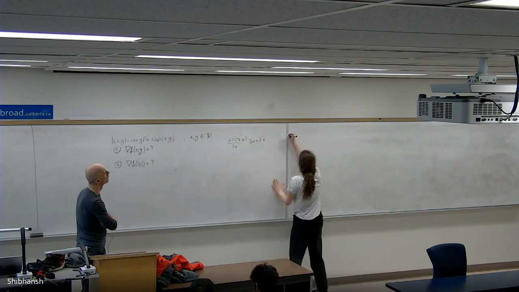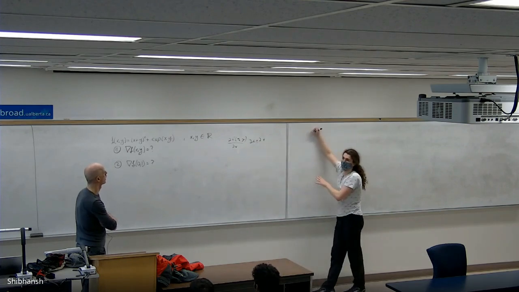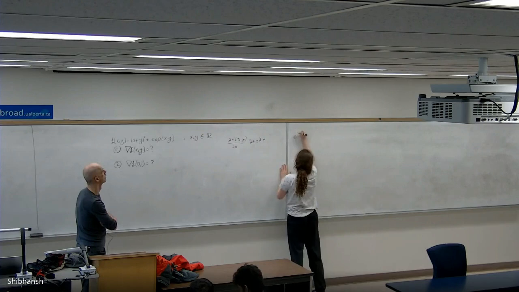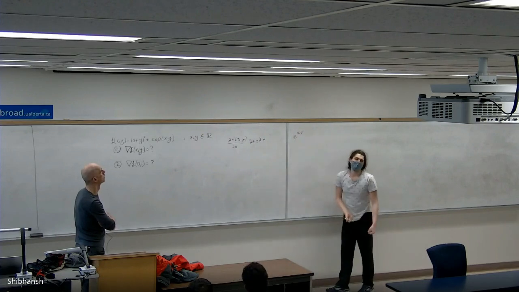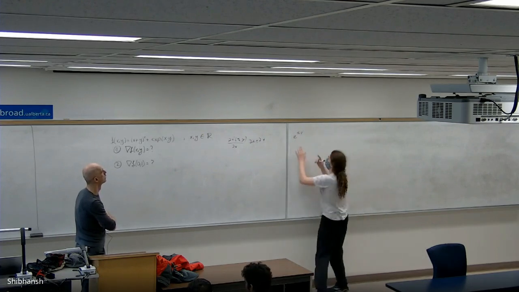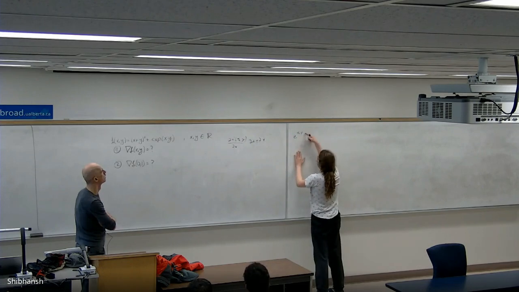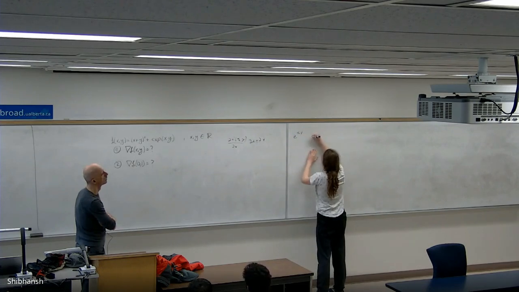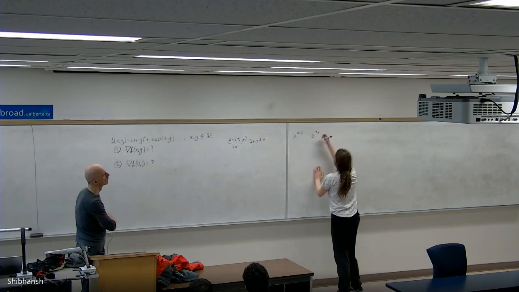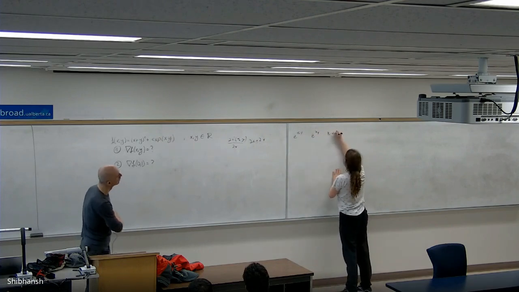As for the other part, can you write it here? Okay, sure. e to the xy. I might be wrong about this because I don't remember calculus super well, but I think when you differentiate e to the xy, you take that constant and multiply it.